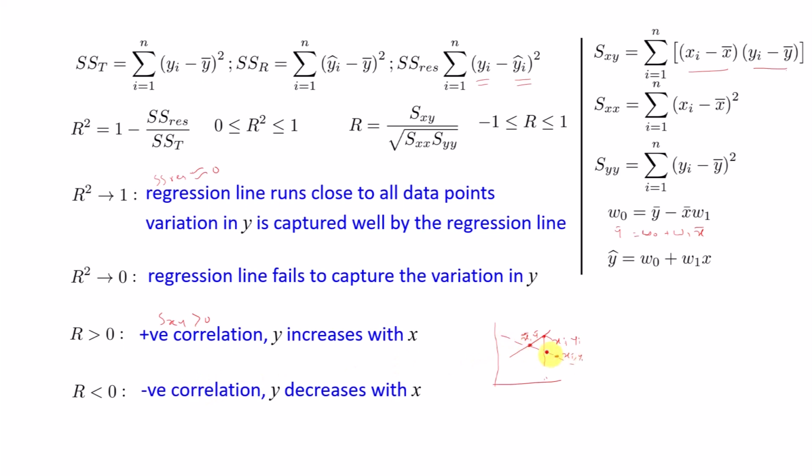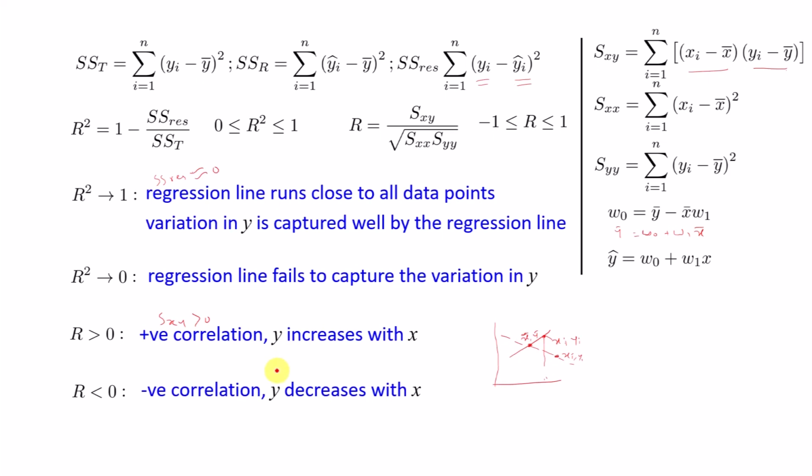So the line actually goes like this, so it is a decreasing line. It is still a straight line, but it is a decreasing line. So that is why we call it a negative correlation. When one increases, another decreases, as opposed to the positive correlation, when one increases, another also increases.